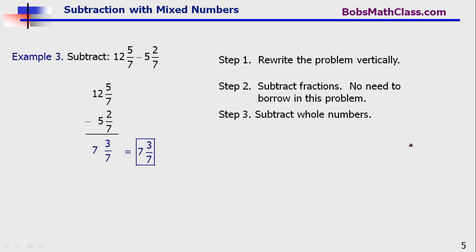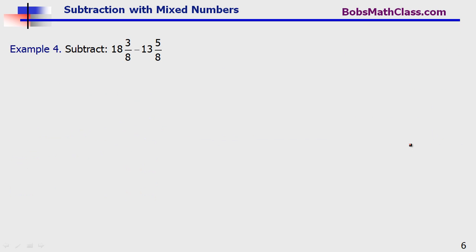Okay, we could do better. 18 and 3/8 minus 13 and 5/8. Okay, let's go ahead and rewrite the problem vertically.